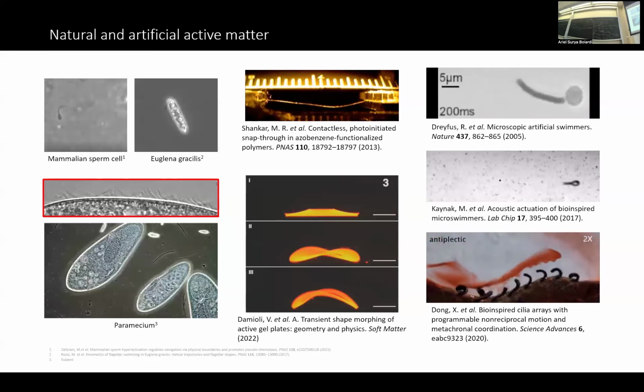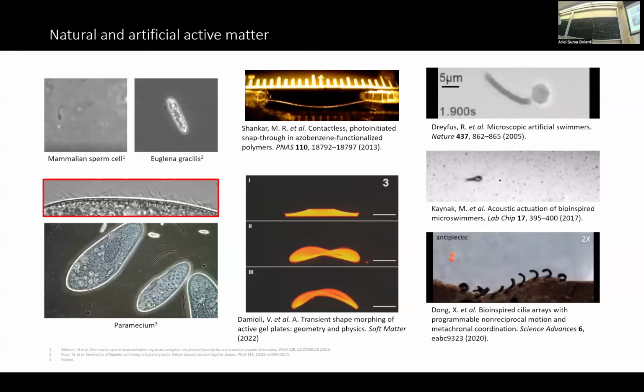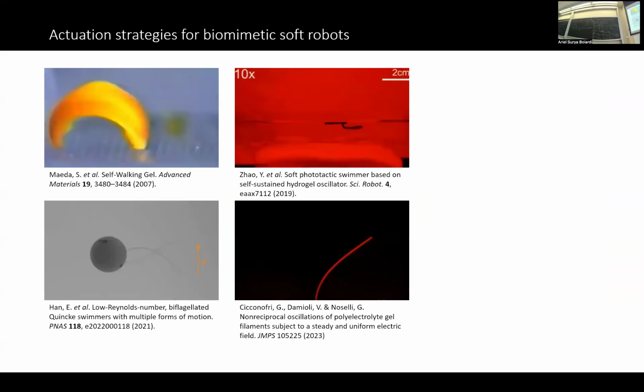So in all these examples, which are fascinating, there is the need to actuate these active materials in a time-dependent way in order to obtain time-dependent responses. Which makes sense. But more recently, some strategies have been employed to obtain a time-dependent response from no or constant stimuli.